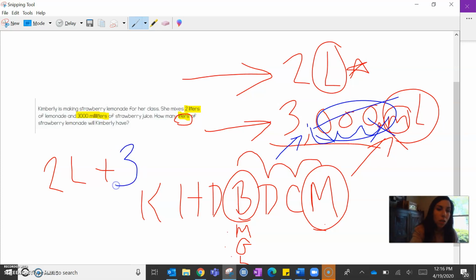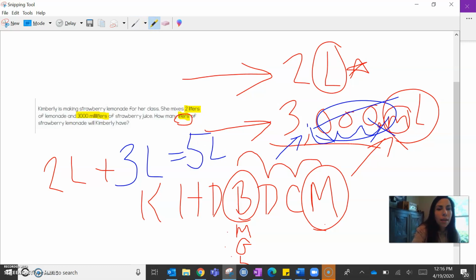So here's your problem. Now it's looking pretty easy, I think. Once we've converted the milliliters to liters, we're looking at 2 liters plus 3 liters equals, hopefully you're saying, 5 liters. Yes, awesome. Equals 5 liters.